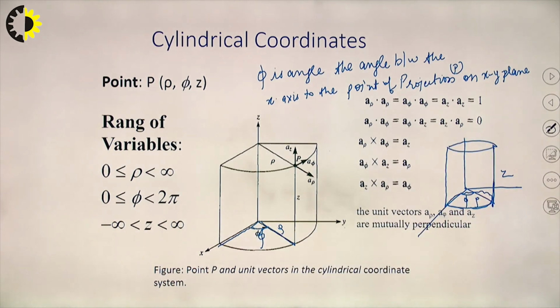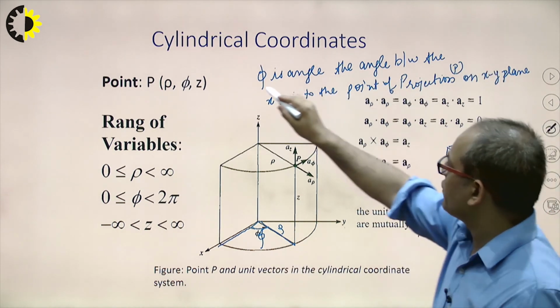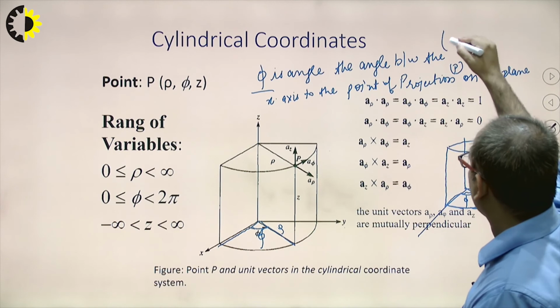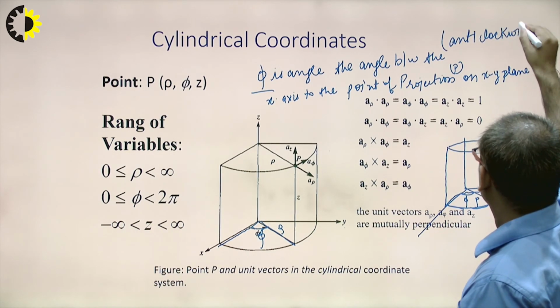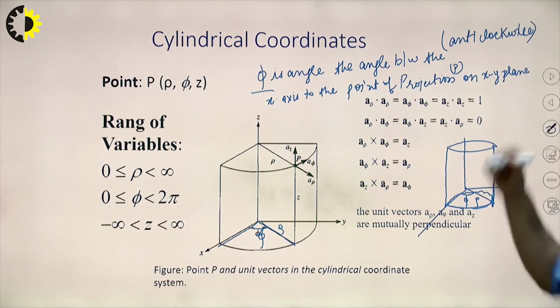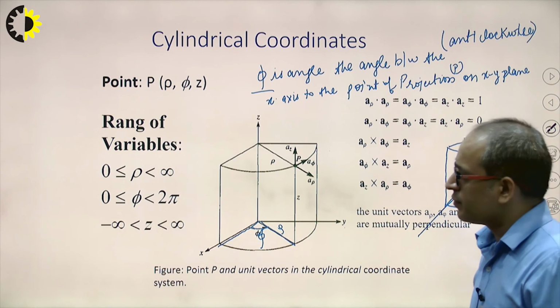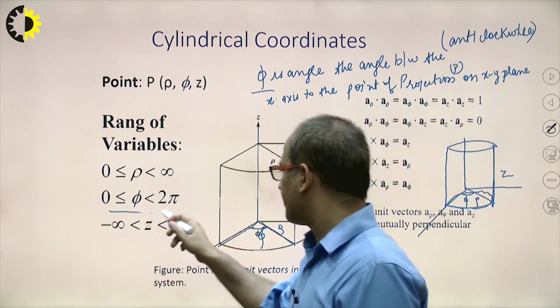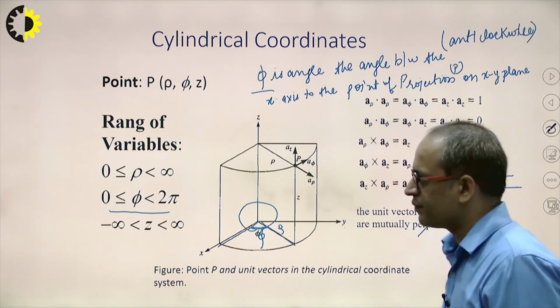The angle between these two is the angle phi. This phi will always move in the anti-clockwise direction, which means phi will range from 0 to 2 pi. Clear?